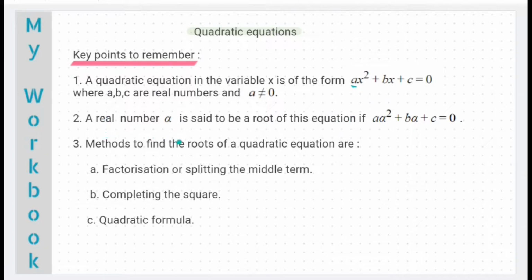A real number alpha is said to be a root of this equation if a alpha square plus b alpha plus c is equal to 0, which means if alpha is a root of this equation, then if we substitute alpha in place of x, the equation has to be satisfied. Then alpha will be a root of this equation.